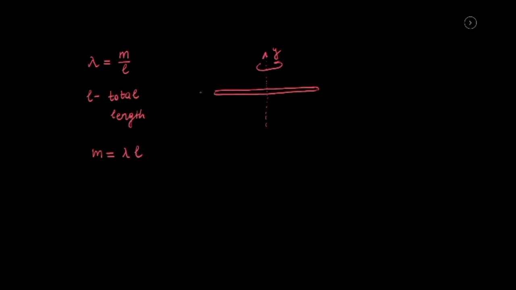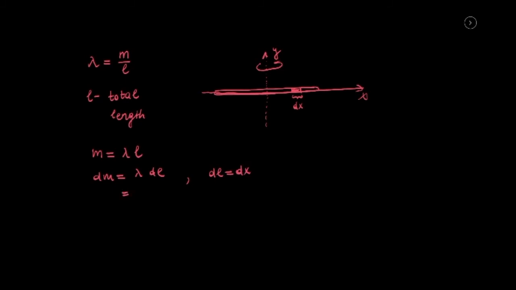If we say that this direction is the x direction, and we take the differential, then dm would be equal to lambda dl. Since lambda is constant, we get lambda dl. dl is this part, or we can also call it dx since it is the x direction, so dl is equal to dx.